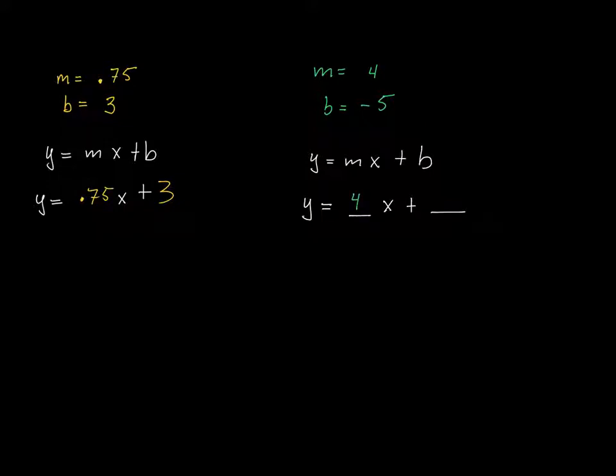And then we know that our y-intercept is -5. Now, in this case, you have a plus and a minus, and I don't like how that looks. So I'm going to rewrite it as y equals 4x minus 5. And that will be your answer. Remember, whenever you have a positive and a negative, it gives you a negative. So we're going to keep a minus sign there.